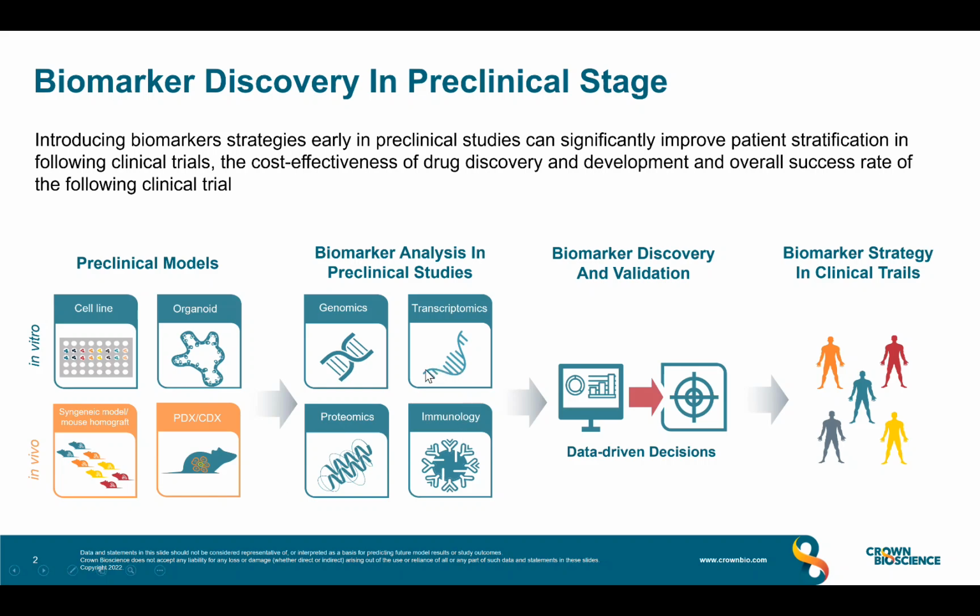Biomarker analysis based on comprehensive omic profiling of preclinical models, or samples collected from preclinical studies, on different molecular levels can be a very important and cost-effective way to accelerate drug development and increase the overall success rate of the following clinical trials.